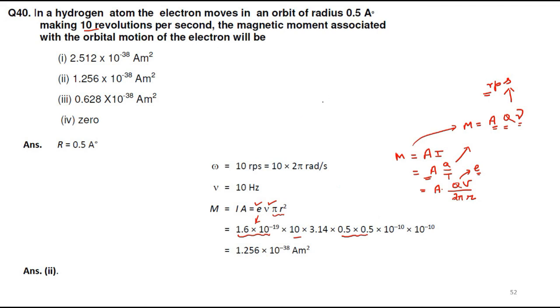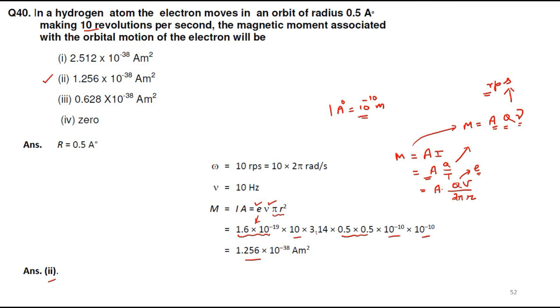But this is angstrom, and 1 angstrom is 10 to the power of minus 10 meters. So for r squared, we have 10 to the power of minus 10 twice. When you simplify, you get 1.256 into 10 to the power of minus 38 ampere meter squared. So the correct option is option 2.